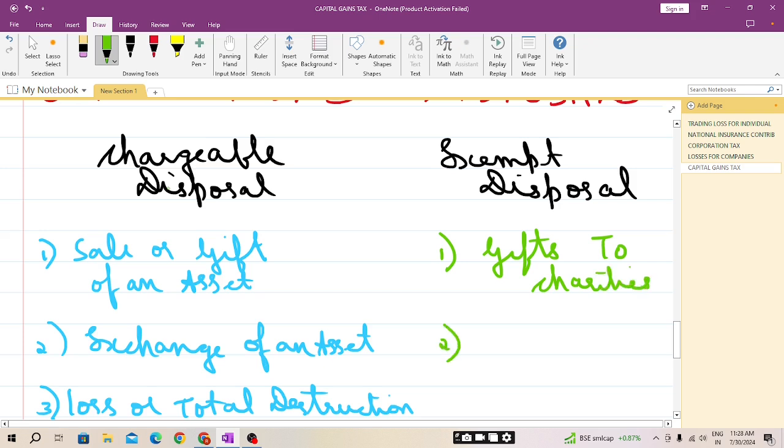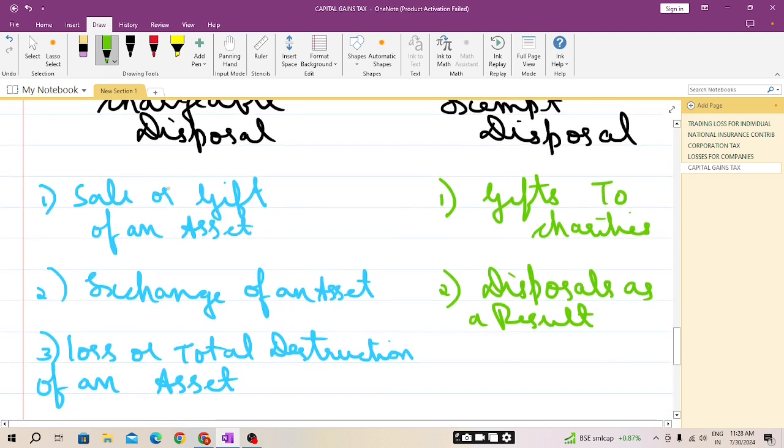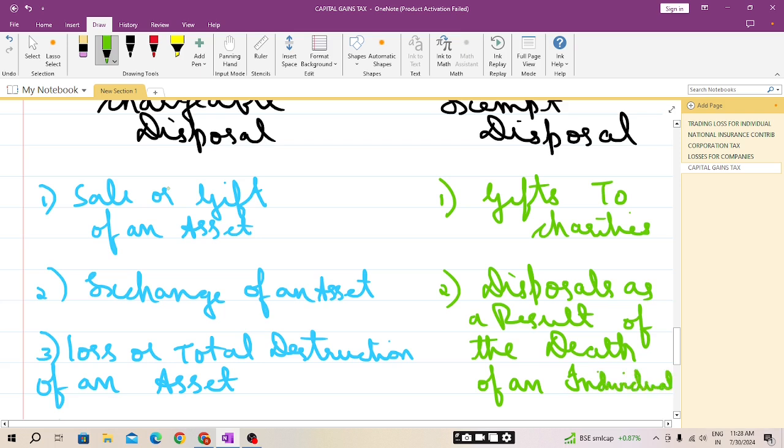Then the second exempt disposal is disposal as a result of the death of an individual. I hope this is clear, students.